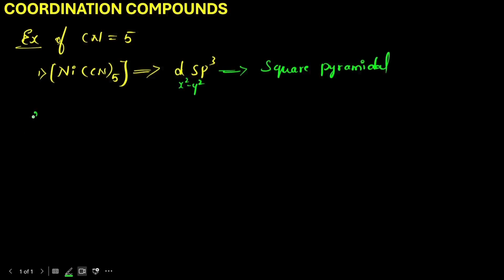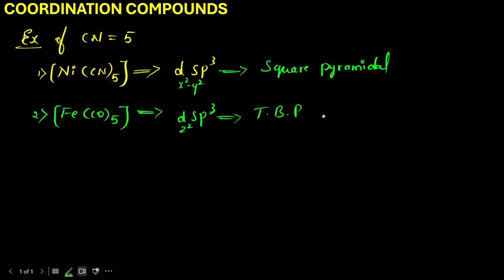Next, we will take another example, that is Fe(CO)5. It is dsp3 hybridization. Here the d orbital is dz square. So the geometry is trigonal bipyramidal.